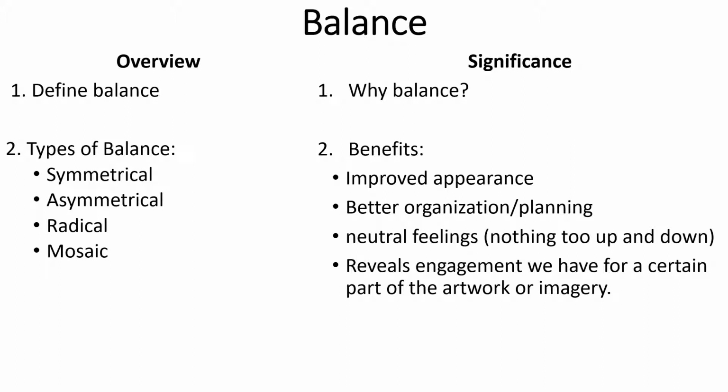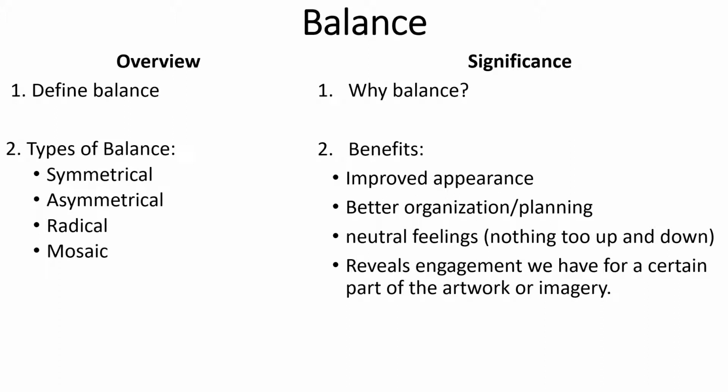There are four kinds of balance. There's symmetrical, which is considered kind of an equal balance where equal weights and sides of the composition are well evened out. There's asymmetrical balance, which leads to more of an uneven result between weights and sides.